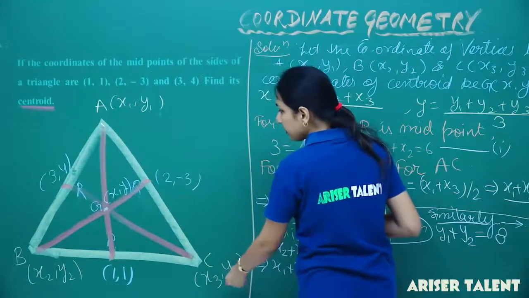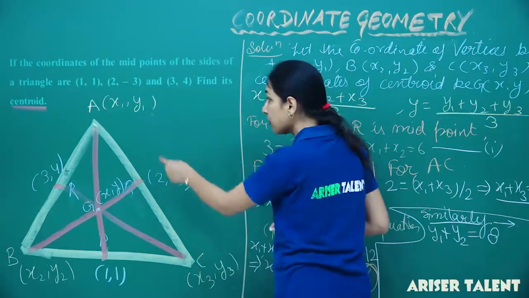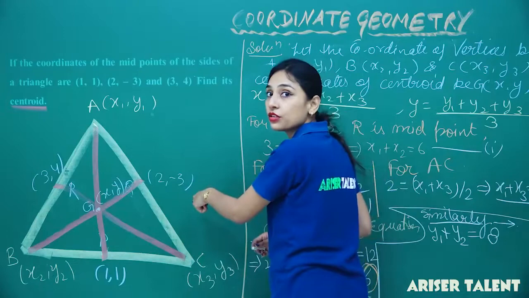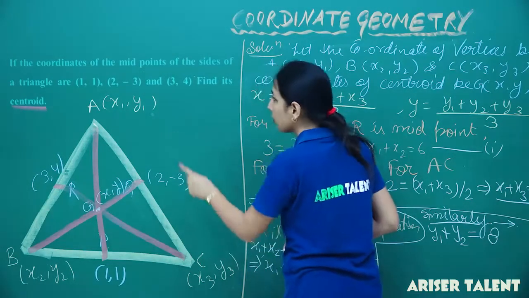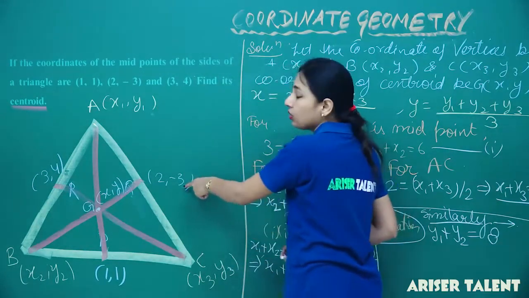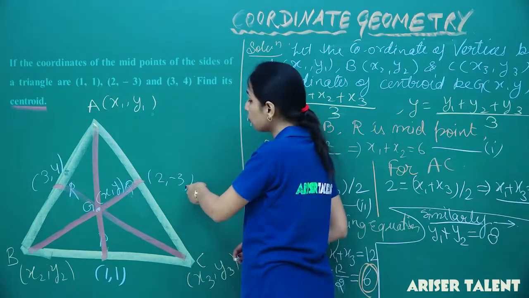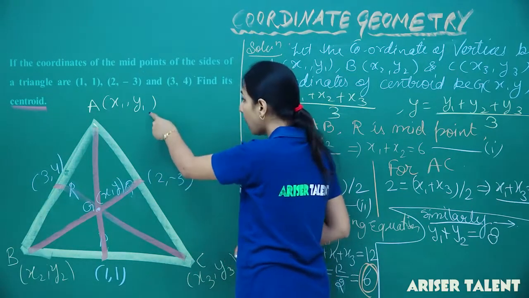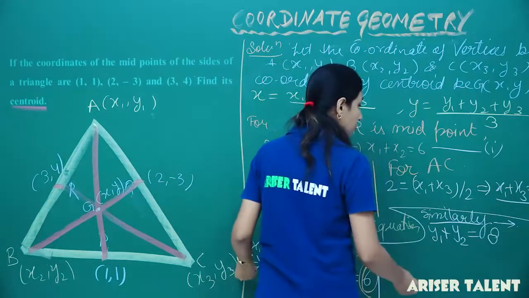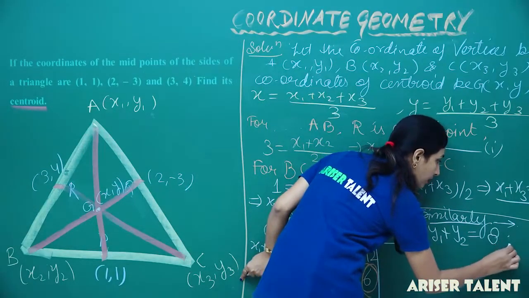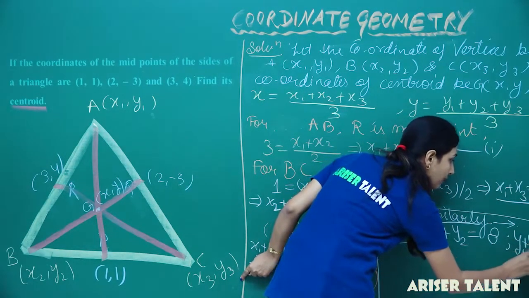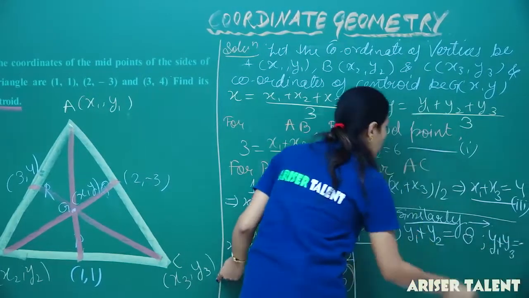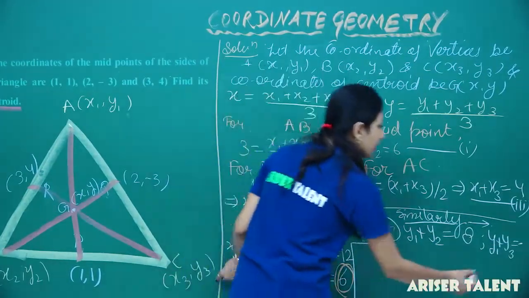Now this y1 plus y3 by 2 equals to minus 3. So y1 plus y3 by 2 equals to what? Minus 3. That means y1 plus y3 equals to minus 6.